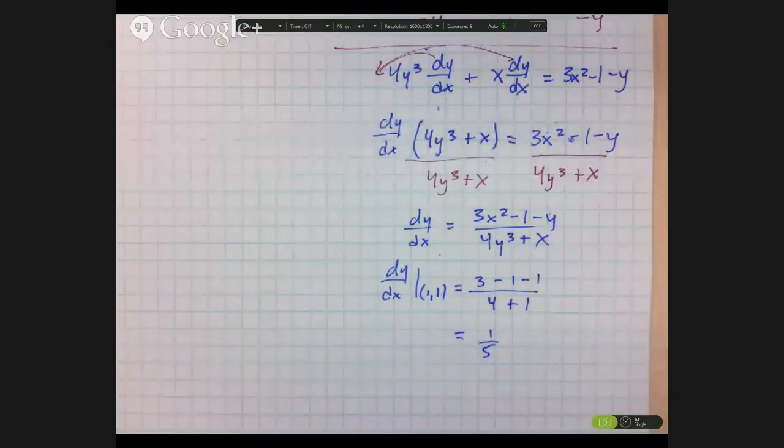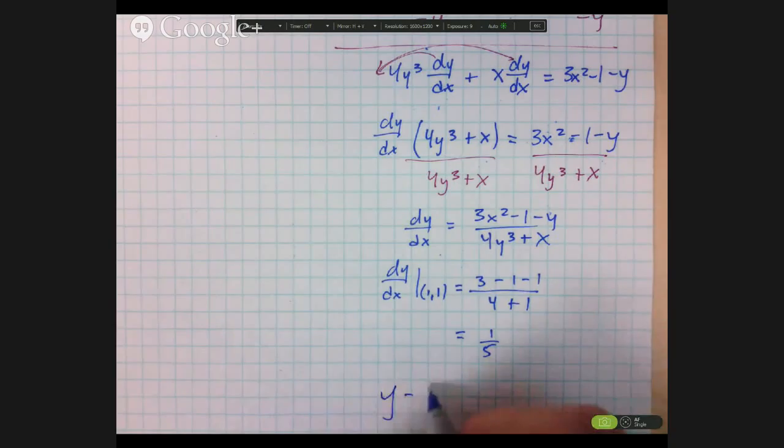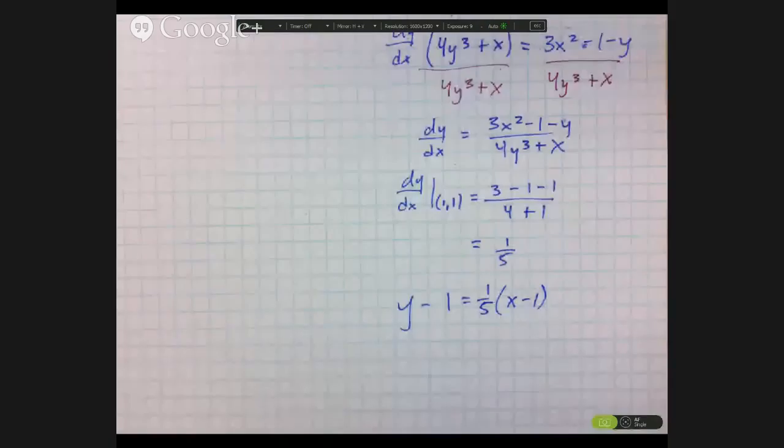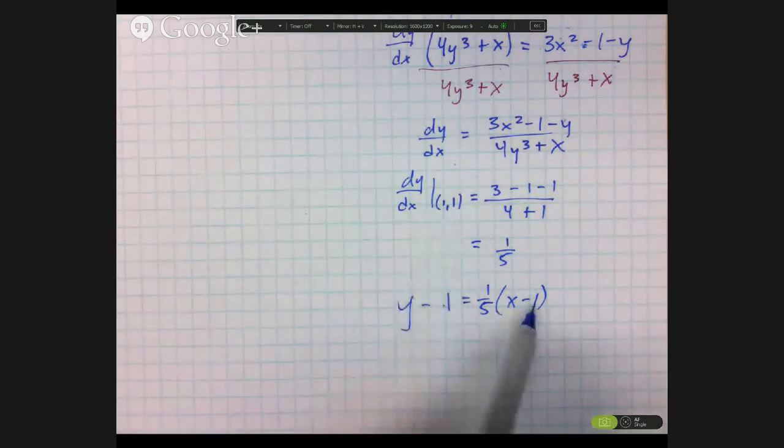Pretty sure it's 1/5. 3 minus 1 minus 1 is 1. And here's your equation, the point and the slope of 1/5. The y value goes here, the x goes here, yes.